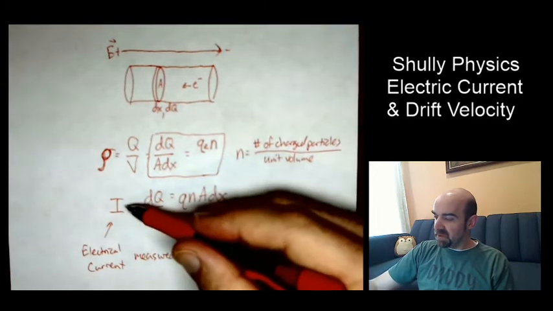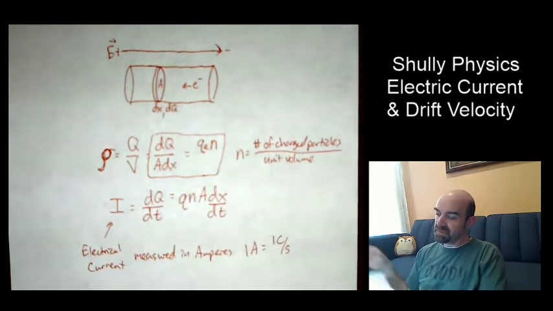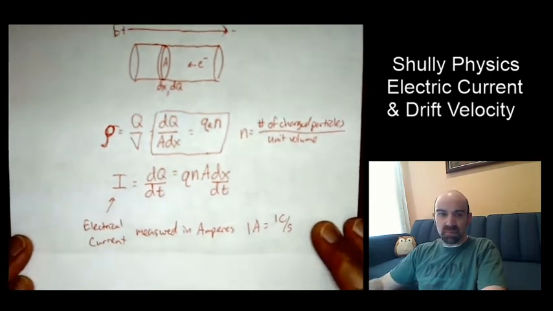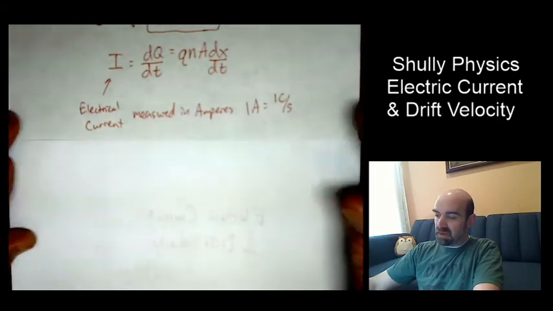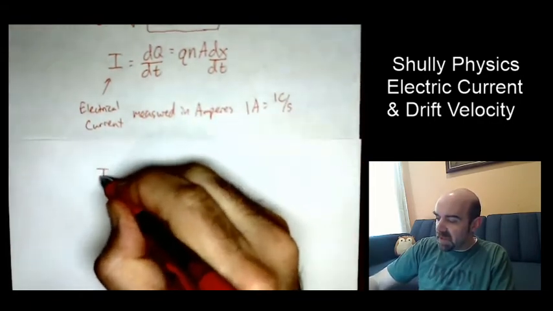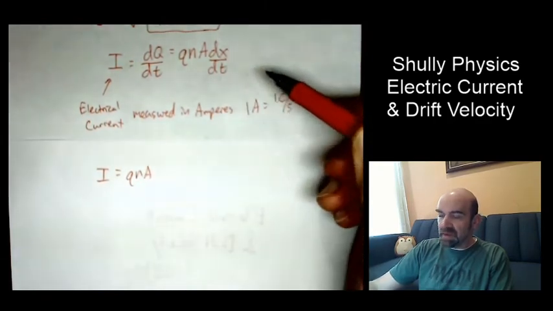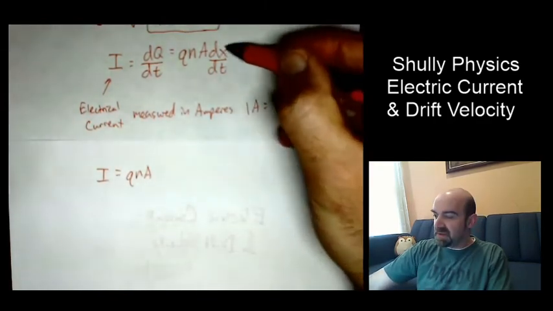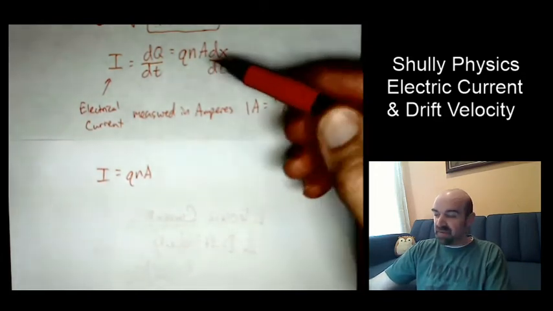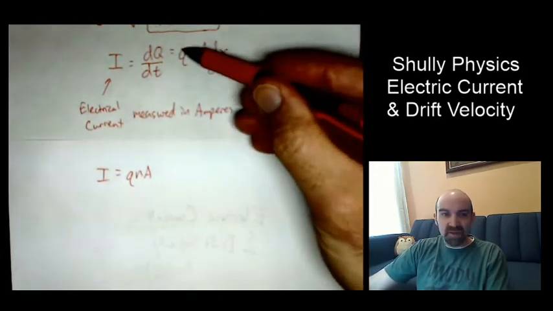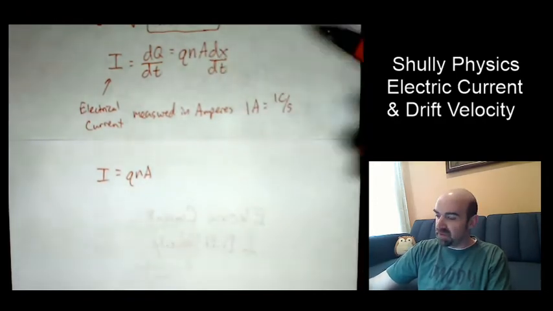Moving ahead here, let's scroll up a little bit. We've got I equals QNA, and now this dx dt is referencing a velocity. This is the velocity of the body of electrons moving through the wire, through the conductor.